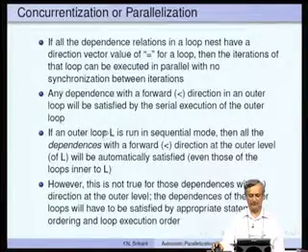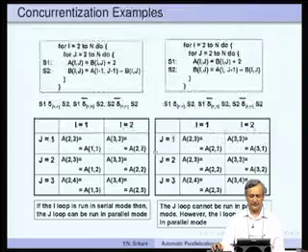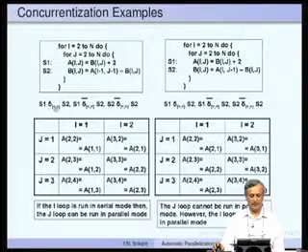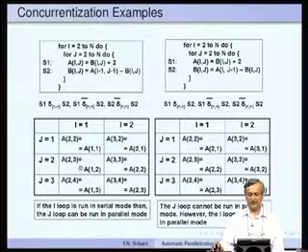But then the second one said, if we run the outer loop in sequential mode, then all other inner loops can be run in parallel mode, provided the outer loop had a less than direction vector. That is true. The outer loop had less than, the inner loop also had less than, but once we ran the outer loop in sequential mode, the inner loop could also be run in parallel mode. That is very important.